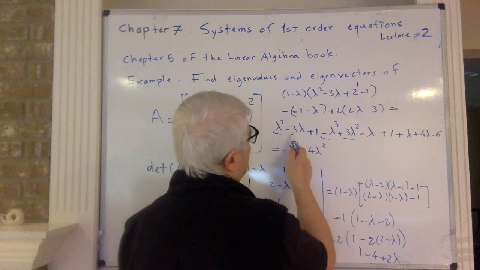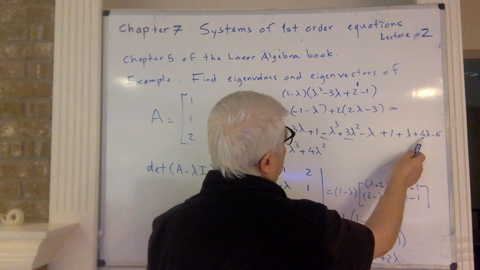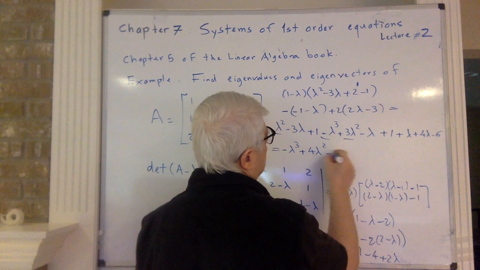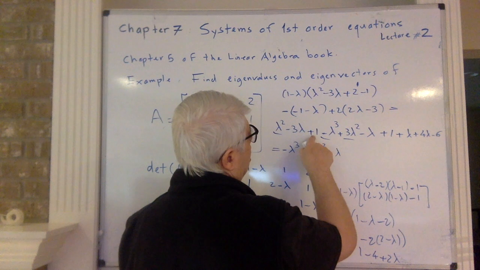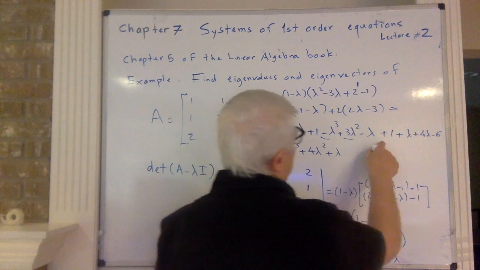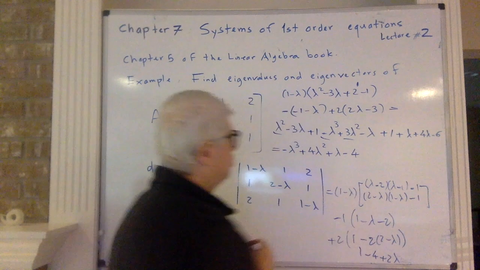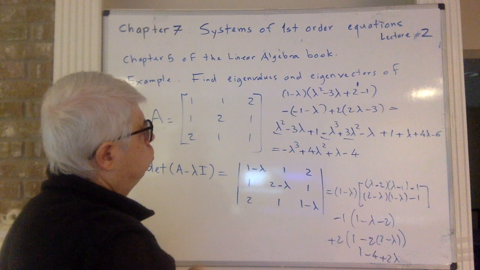Lambda minus 3 lambda minus 4 lambda plus 4 lambda, that is 0, so I have just a plus lambda. And the constants, I have 1 plus 1, that's 2, minus 6, minus 1.